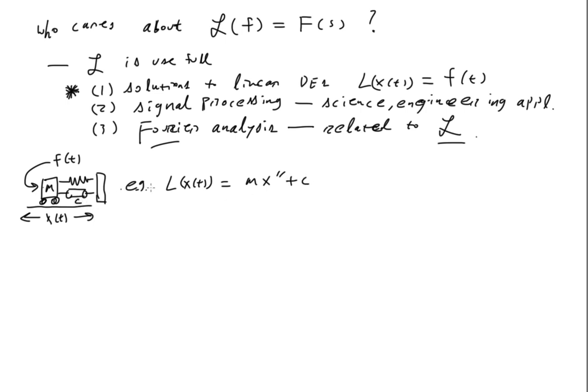So c in this particular case is that dashpot there, or that damper, times the velocity of the motion, and that's the force dependent on the velocity that's related to the damping coefficient. And then of course k, the spring constant, times the position of the mass with respect to where the spring's neutral position is. And of course all of that has to equal the external forcing of the system.